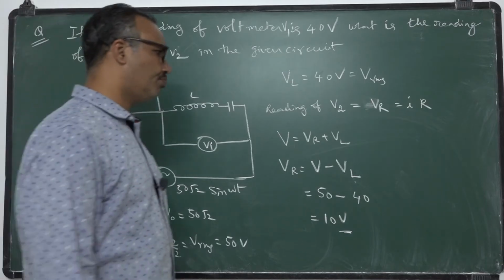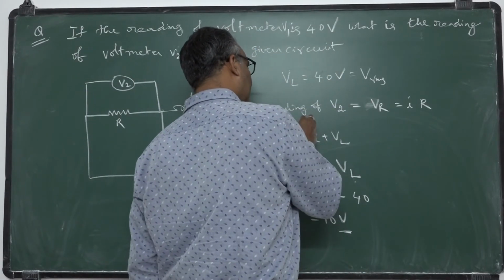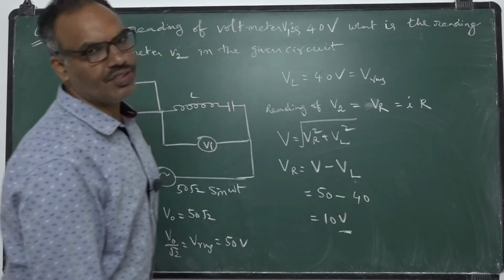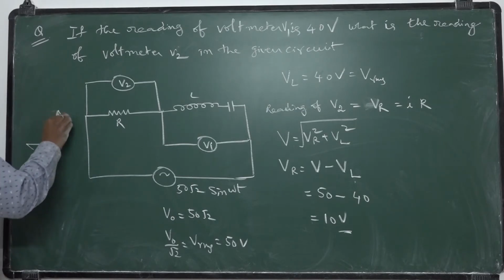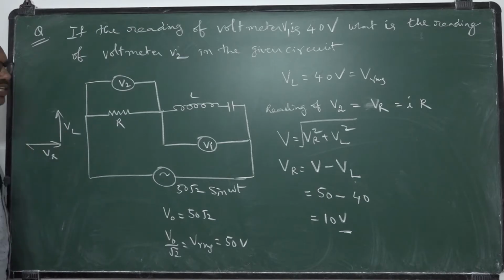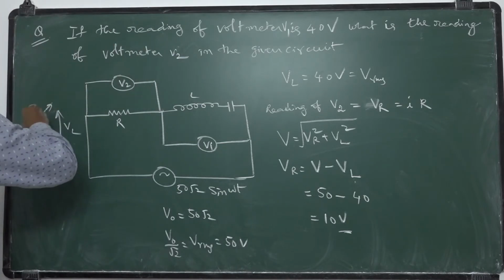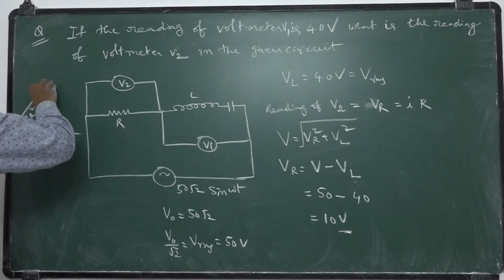So, net voltage is like this, as they are perpendicular to each other. There is a 90 degrees phase difference. So, the resultant is given by square root of VR square plus VL square.